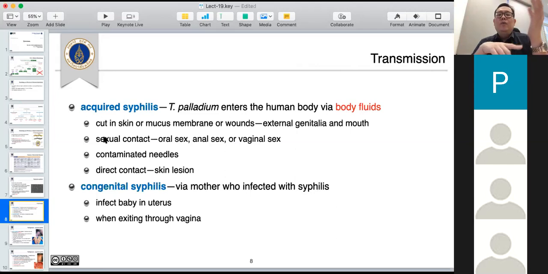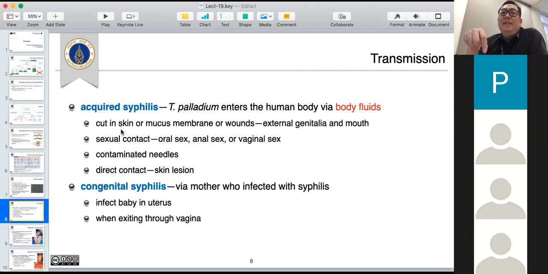And also, in some people, it might be infected by hand or some skin or wound if you touch the infected area, okay? Or by contaminated needle, in drug abuse, and direct skin contact with a skin lesion. That's acquired syphilis.